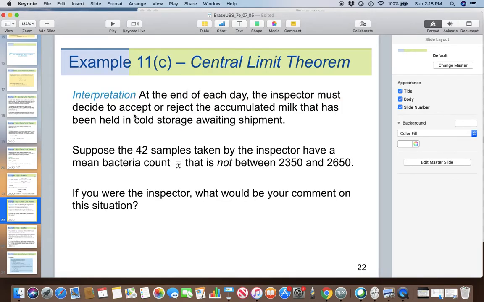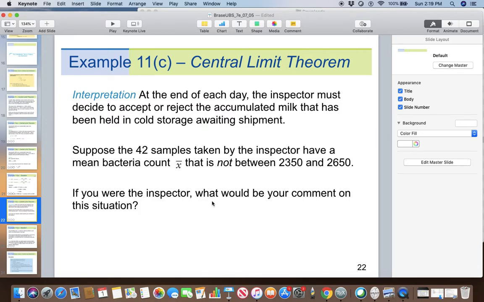Now, interpretation. At the end of each day, the inspector must decide to accept or reject the accumulated milk. Suppose the 42 samples taken by the inspector have a mean bacteria count X bar that is not between these two numbers.